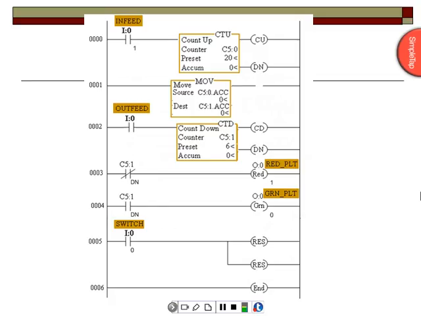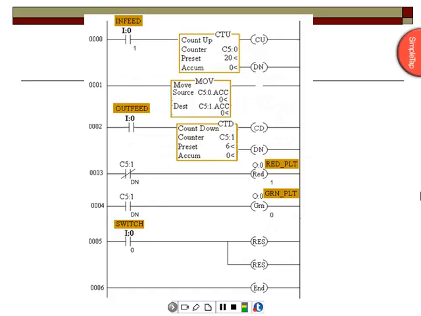So I'm adding to the accumulator every time. So if I've brought in 20, or let's say 10, I've brought in 10. As I bring them in, it moves over and makes the accumulator on the countdown go up 1. The move is actually taking the information from the count up timer and moving it to the countdown accumulator.